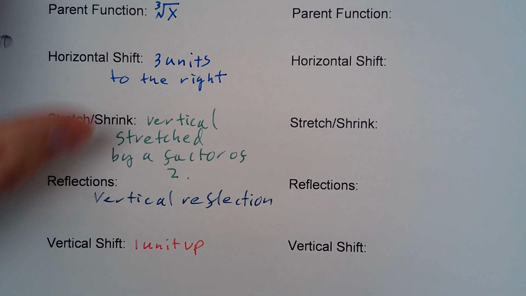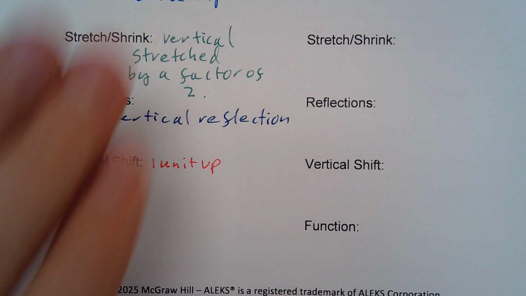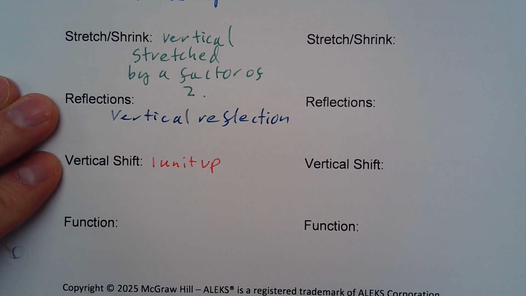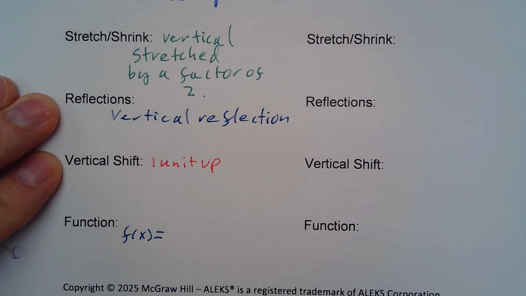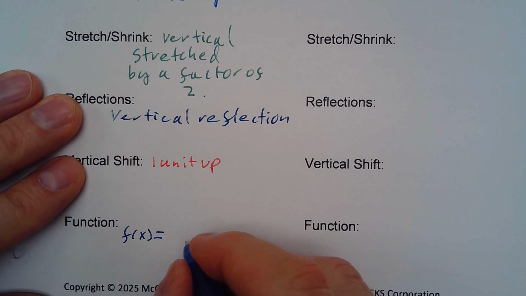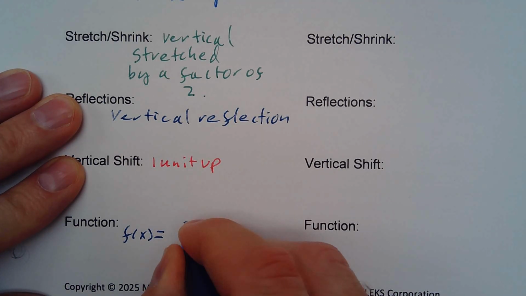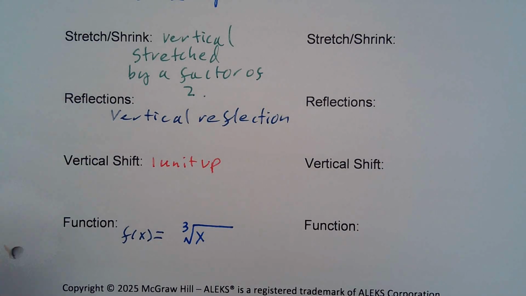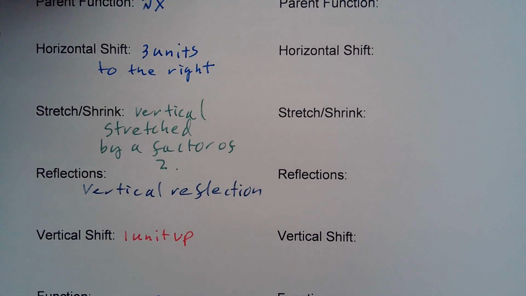Okay, so now I need to put together the function. So I'm going to go ahead and write f of x equals, and my parent function was the cube root. I'm going to leave a little space here because I have to add stuff in. So my horizontal shift was 3 to the right.